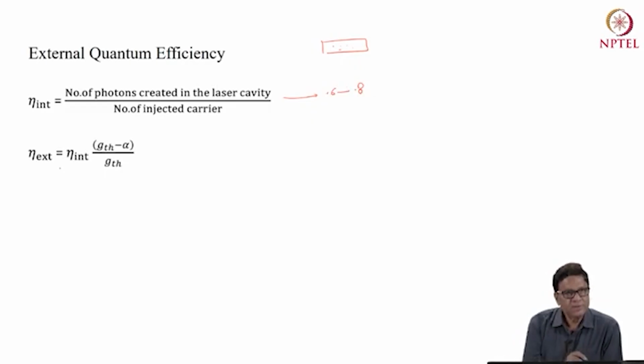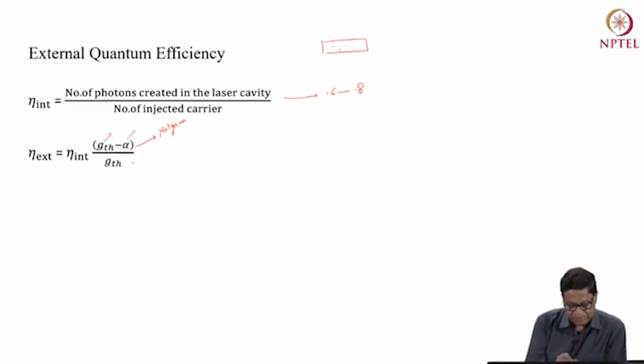And η external, that is the external quantum efficiency, is η internal into the net gain, because this is the gain part and this is the loss part, divided by the gain part.